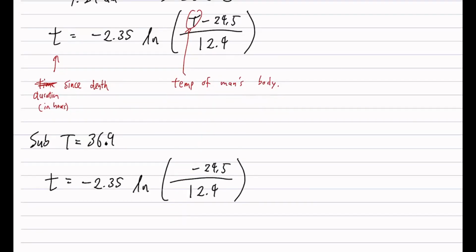So 36.9. Let's just calculate that. Negative 2.35 multiplied by ln of a fraction, 36.9 minus 24.5 over 12.4. Hey, it's a 0. Is that right?